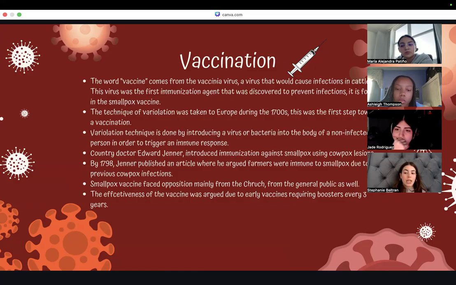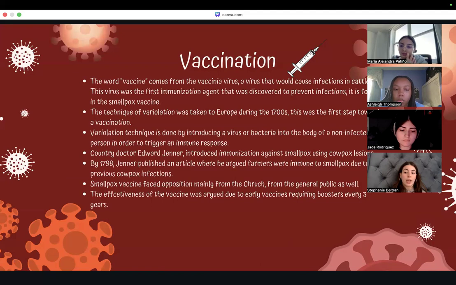The technique is done by introducing a virus or bacteria into a non-infected person in order to trigger an immune system response, and in that way, make the immune system create defenses against the infection or bacteria. This is still a technique that we use to this day with any vaccinations that we get.